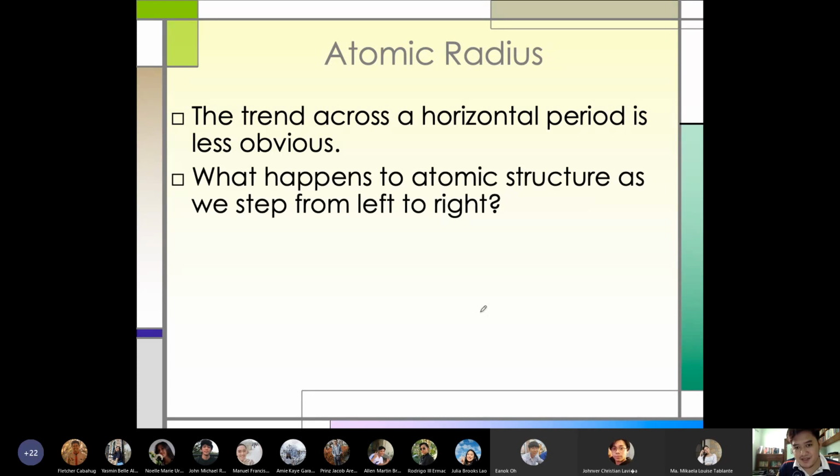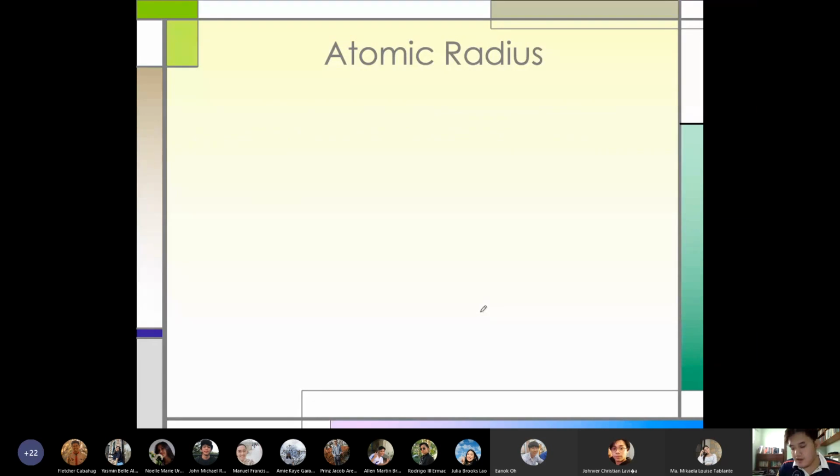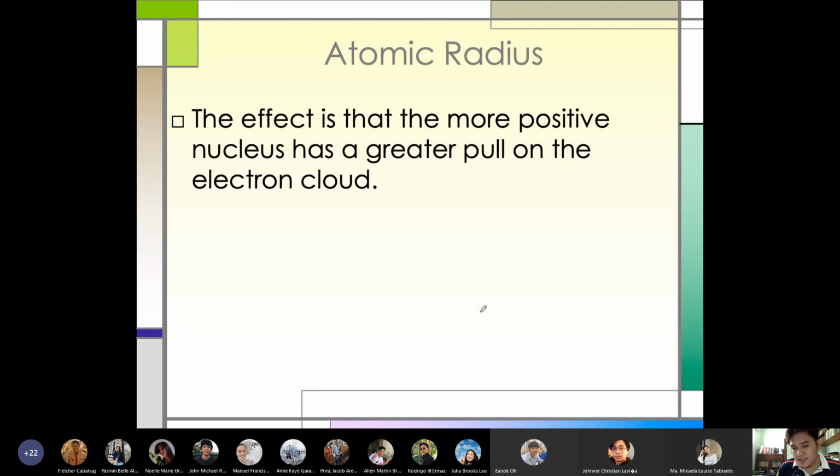Now, the trend across a horizontal period is less obvious. What do you think happens to the atomic structure from left to right? From left to right of the periodic table for each row, there will be additional protons in the nucleus and additional electrons in the electron cloud.